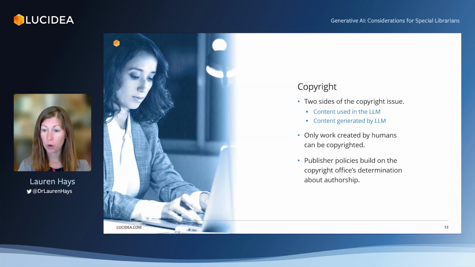And in 2024, earlier this year, the office published a notice, and it said that there's copyright registration guidance. So if you haven't read that, it's called Copyright Registration Guidance: Works Containing Material Generated by Artificial Intelligence.